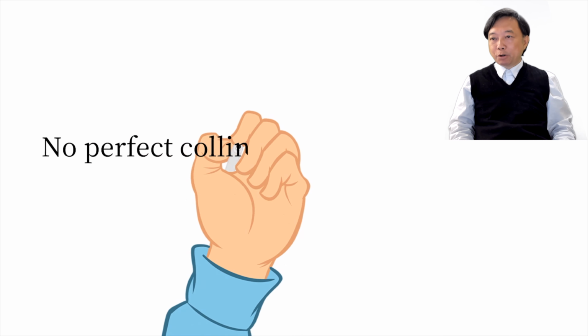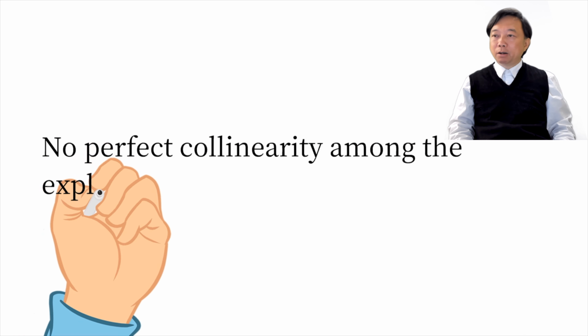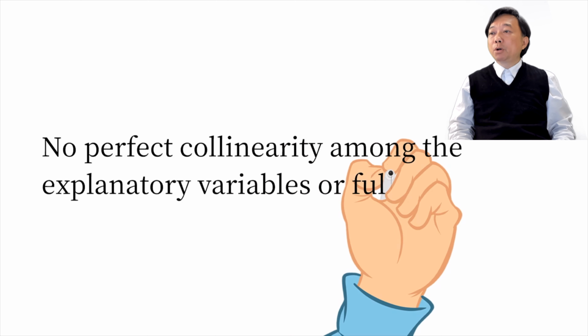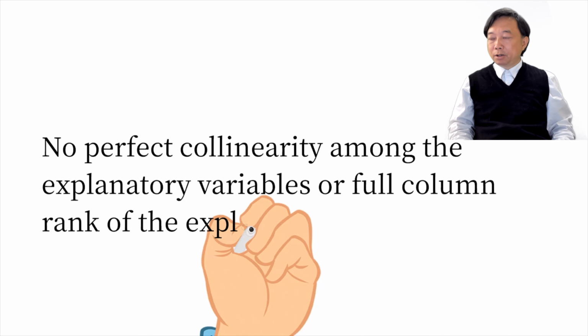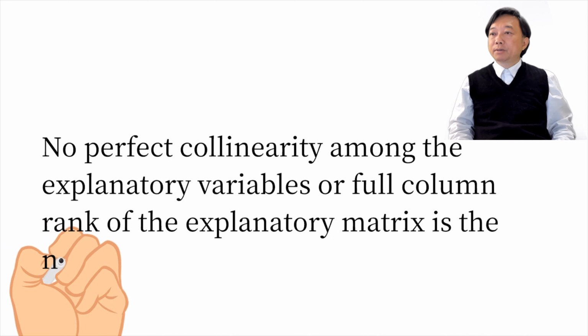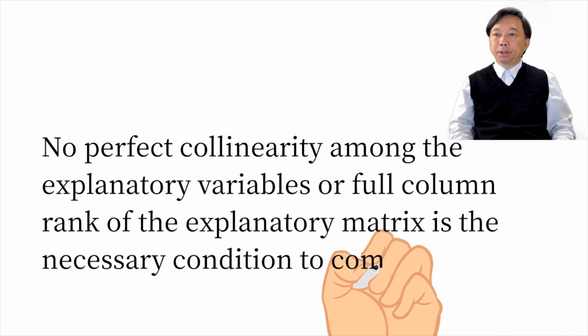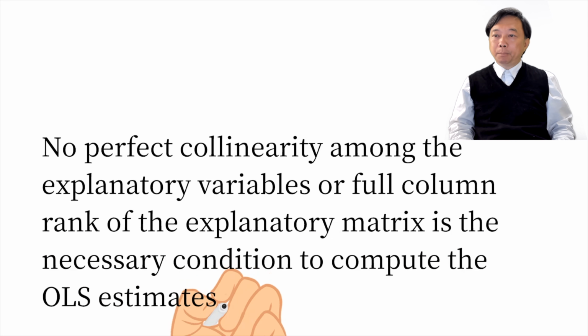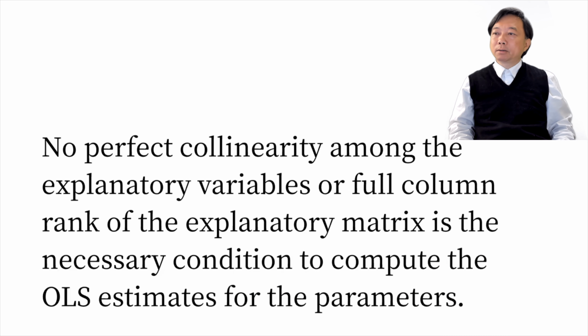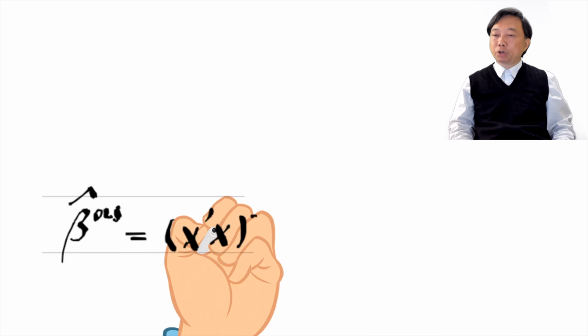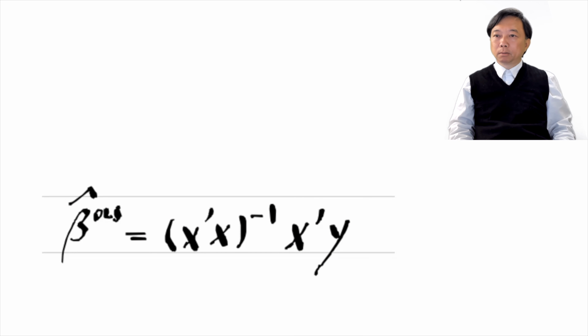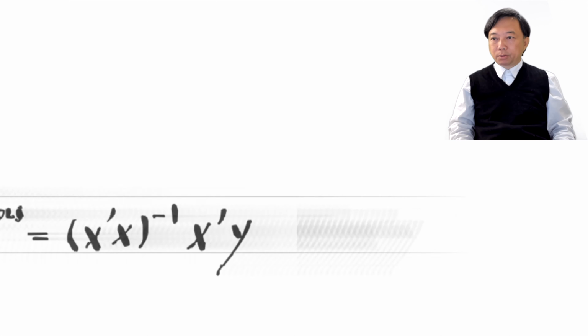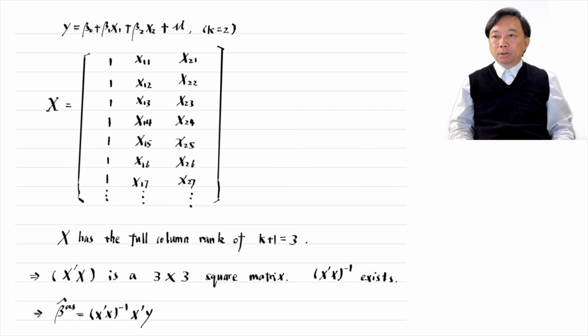No perfect collinearity among the explanatory variables, or the full column rank of the explanatory matrix X, is the necessary condition to compute the OLS estimate for the parameters. We can see it clearly from the OLS estimator formula in matrix form. X transpose times X is a k plus 1 by k plus 1 square matrix, where k is the number of explanatory variables.